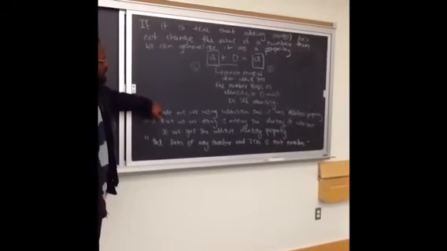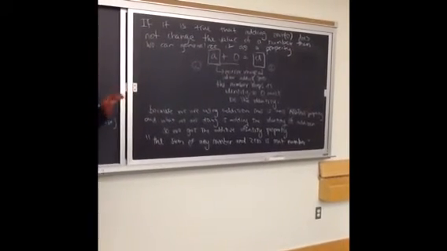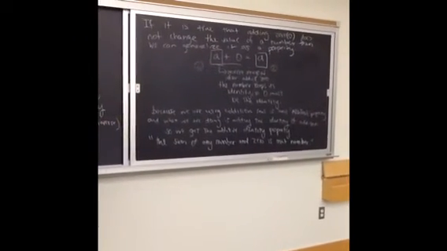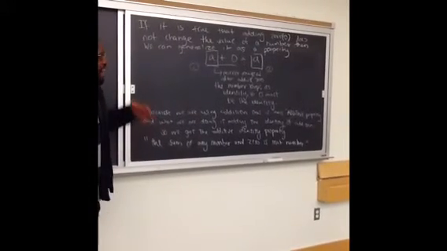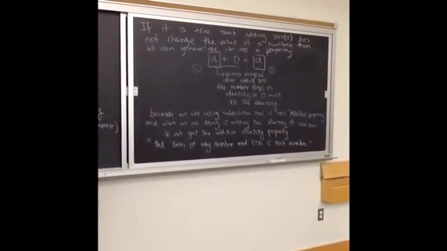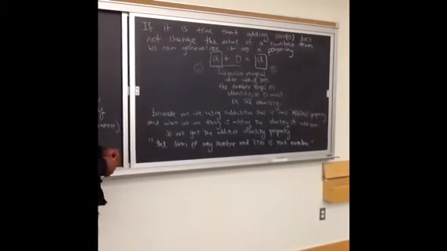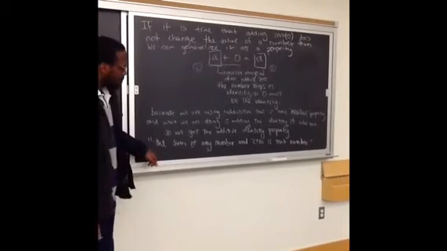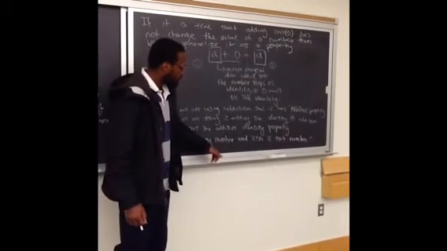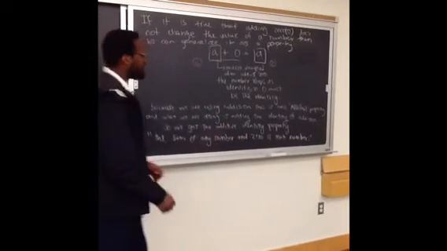So because we are adding, just like last time, this is an additive property. And what we are doing is adding the identity of addition. So we get the additive identity property. The sum of any number and 0 is that number.